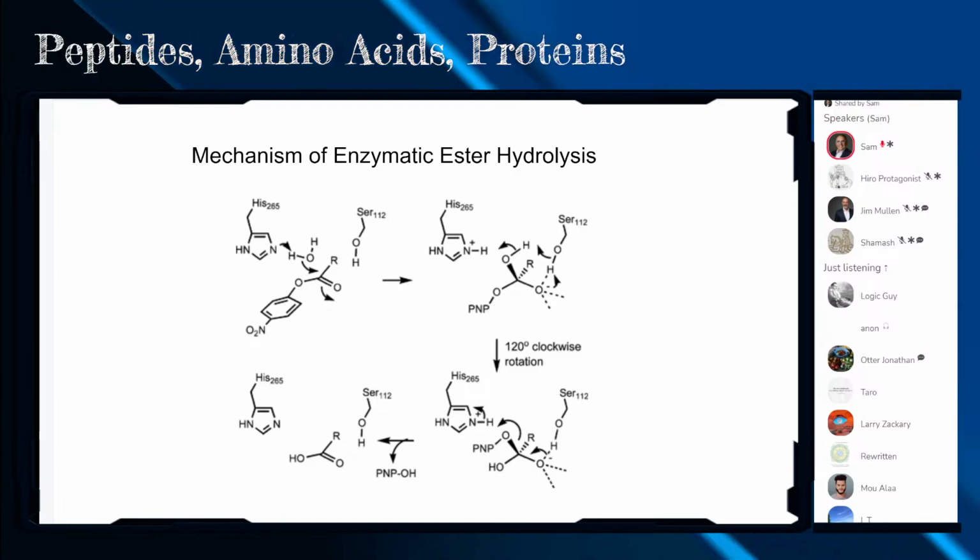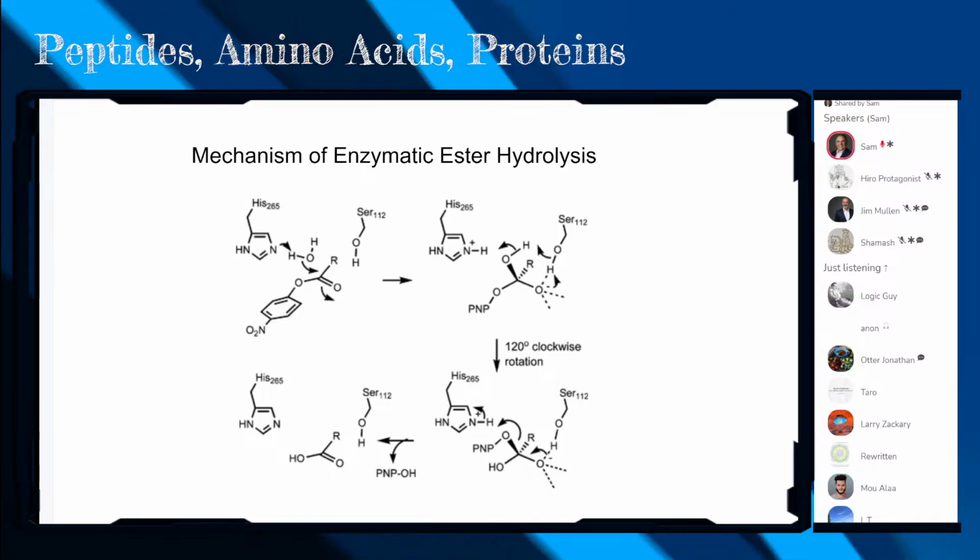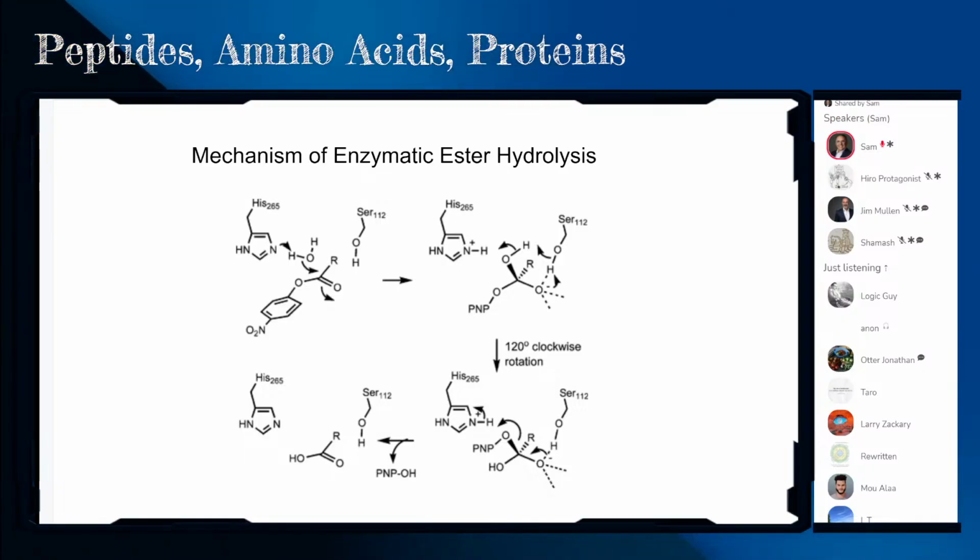And what the signal does is it either makes that catalytic activity more, which we call an agonist, or makes the catalytic activity less, and we would call that an antagonist.